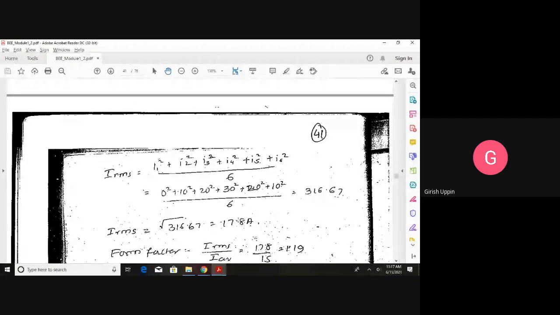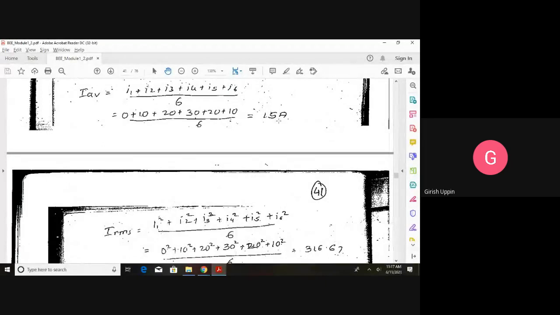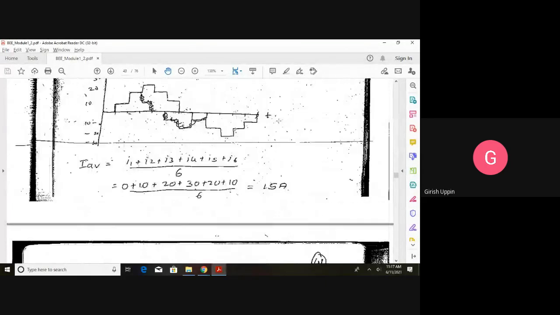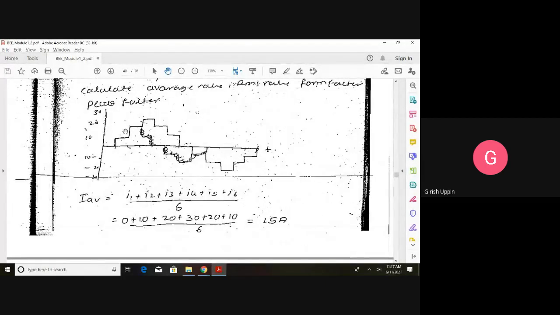Average value, we got as 15 amperes. What is the meaning of 15 amperes? This waveform is equivalent to a DC of 15 amperes, based on the principle that the same amount of charge will flow with this alternating current as with the DC current.